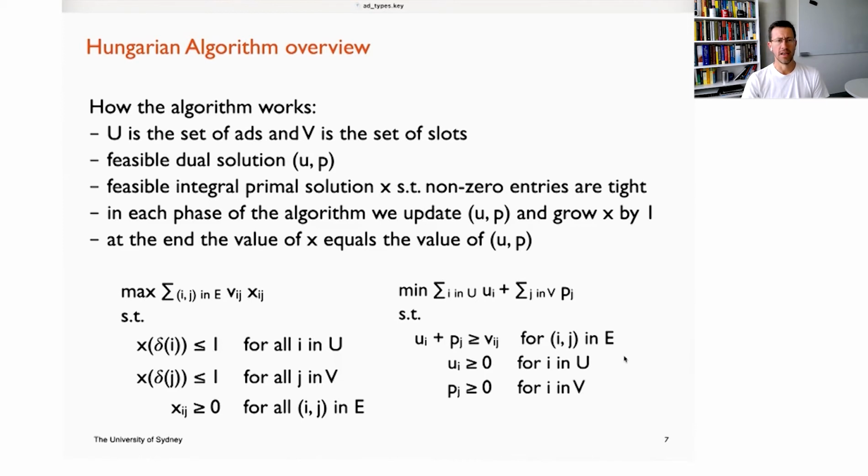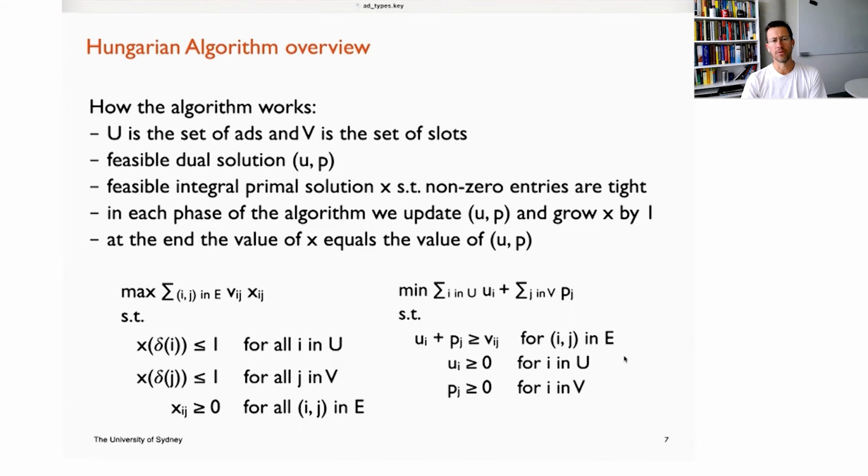We have a variable x_ij, which means ad i is shown on slot j. And then we say that for all slots, I want to show at most one ad. And for every ad, I want to show this ad in at most one slot. I don't want to show the same ad twice.